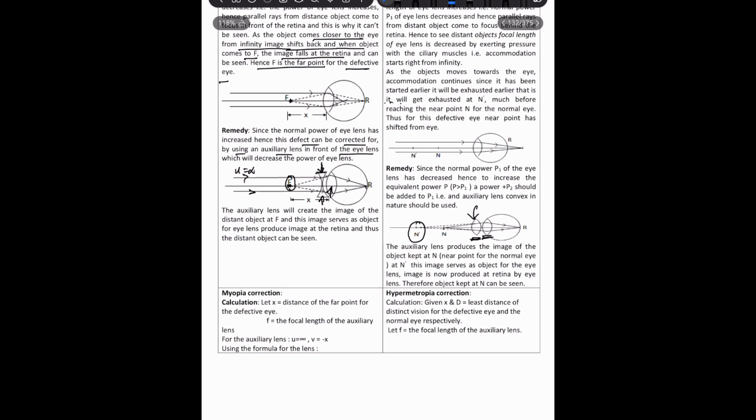Myopia correction is given when u is infinity, then the image distance is equal to minus x. So using this formula, we can find this. Hypermetropia correction: here x and d are the least distance of distinct vision for the defective eye and the normal eye. For the normal eye, d is 25 centimeter, and f is the focal length of the auxiliary lens.